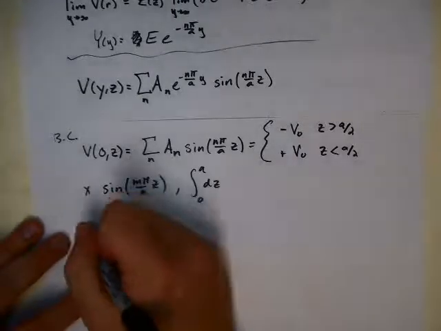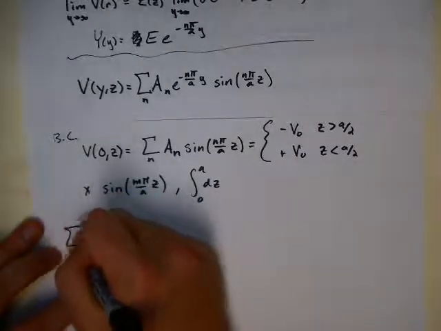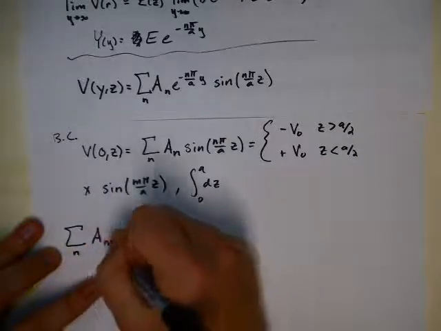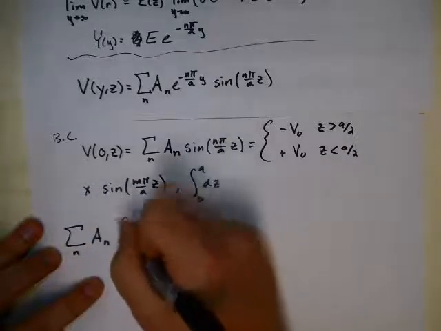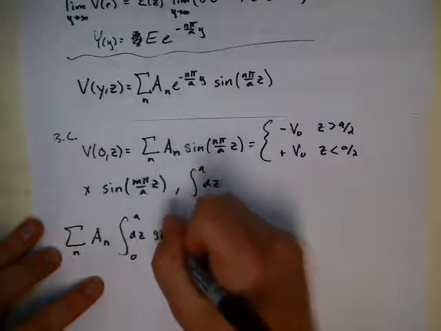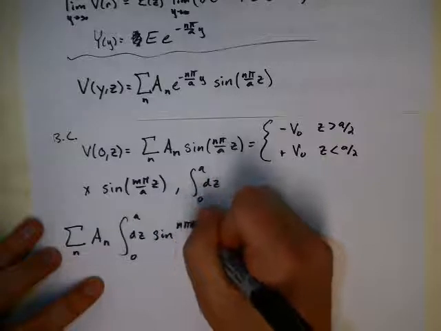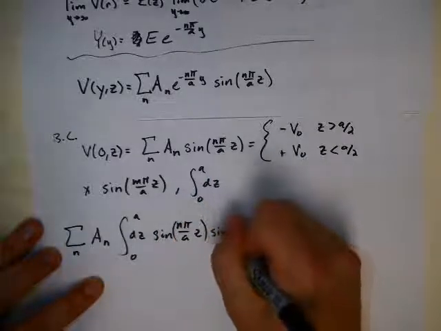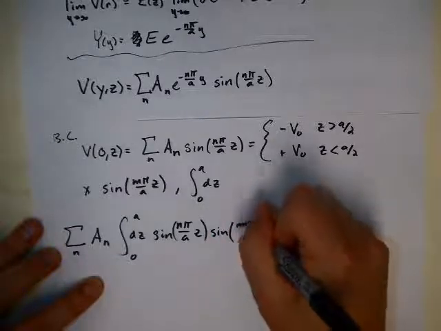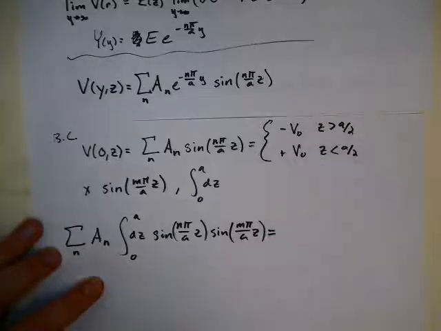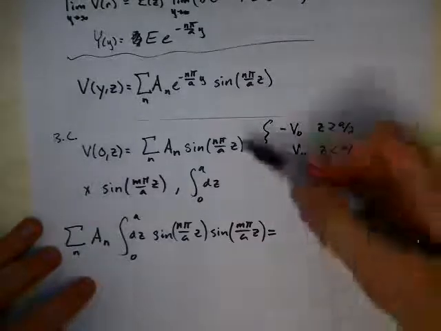So go ahead and starting that out, we're going to get the sum over n of a_n, with an integral dz from 0 to a, of sine of n pi over a z, then sine of m pi over a z. That's the left-hand side.